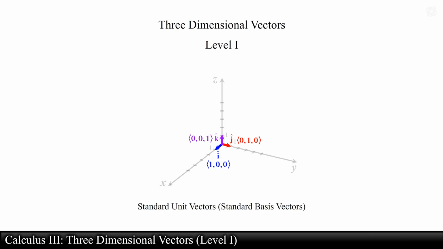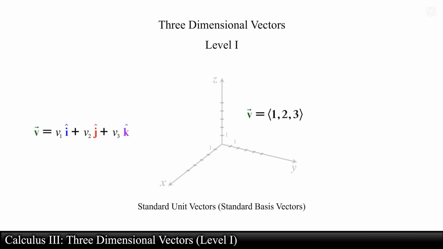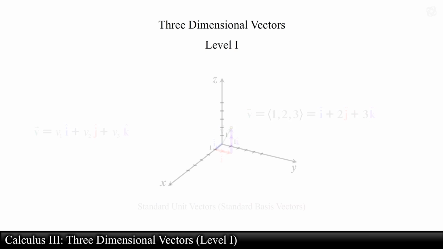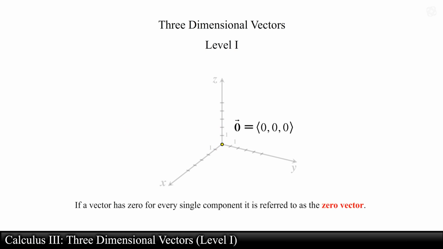Any vector in space can be represented by a scalar multiple and sum of the unit vectors. For example, the vector with components 1, 2, and 3 can be represented as i plus 2j plus 3k. If a vector has 0 for every single component, it is referred to as the zero vector, and can be represented by a single point.